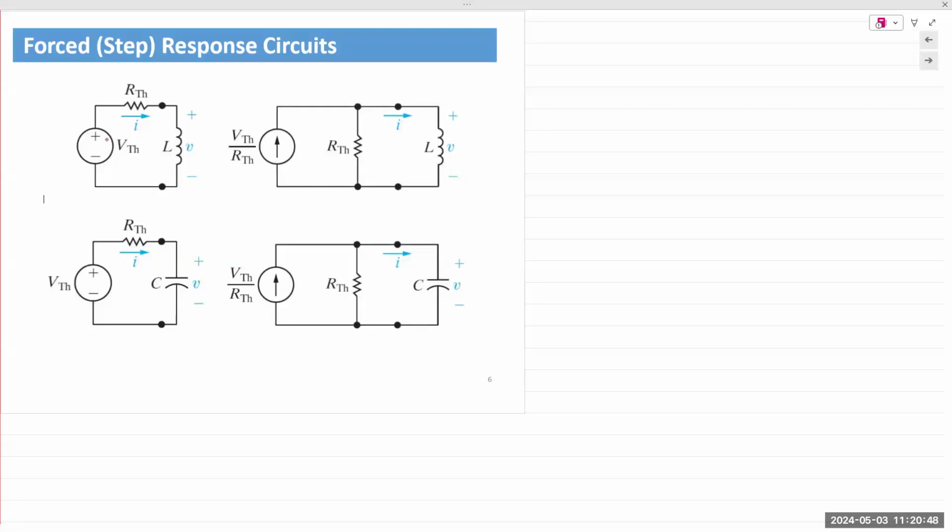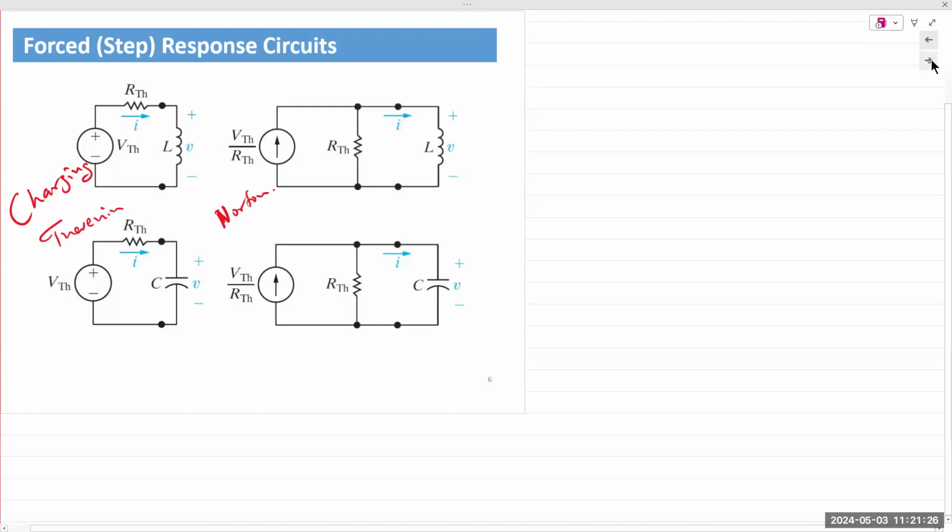And we need to have a Thevenin or a Norton equivalent. This is charging, and it is showing you the Thevenin equivalent circuit as a voltage source. And here it is charging and it's showing you the Norton equivalent circuit. So you have 4 kinds of circuit, 2 for discharging and 2 for charging. And we'll talk more about Thevenin and Norton equivalents at the end.